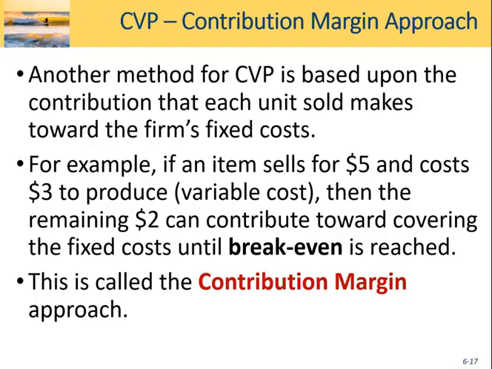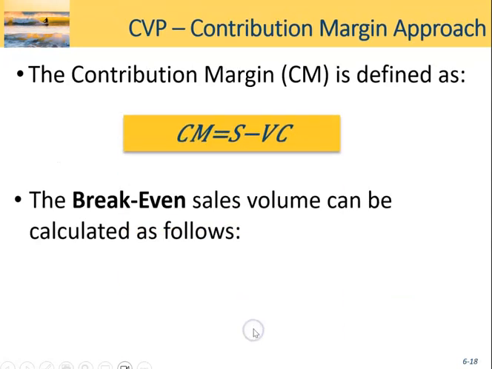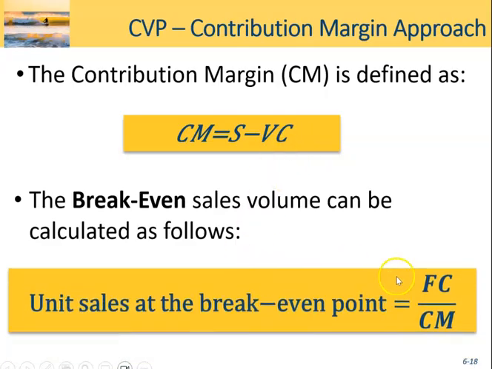So what we need to figure out for the break even is how many of those $2 do we need in order to make sure that all of our fixed costs are covered. Right? So your contribution margin is your selling price per unit minus your variable cost per unit. So break even in sales volume is your fixed cost divided by contribution margin.